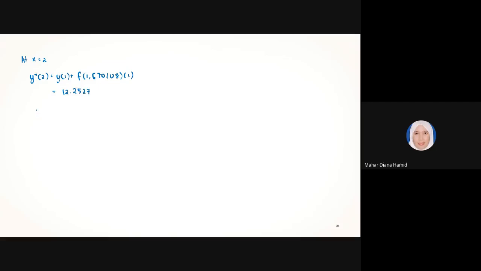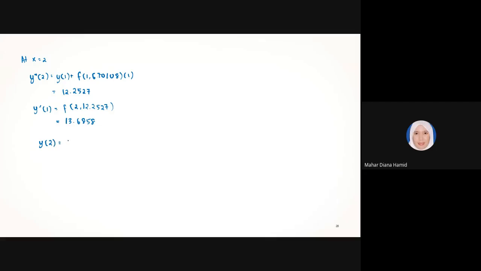So please remember to keep to 6 significant digits. So you just substitute this value into the function to be solved, and you will get 13.6858.